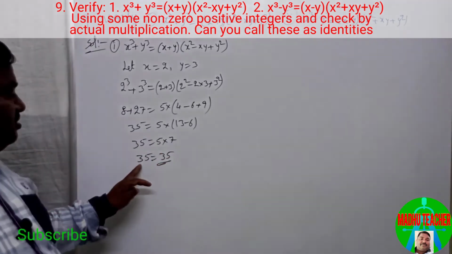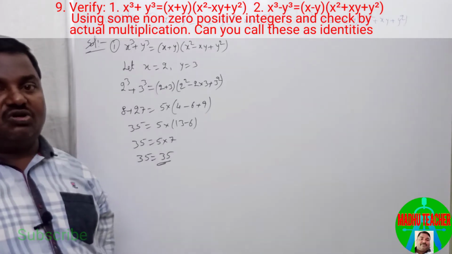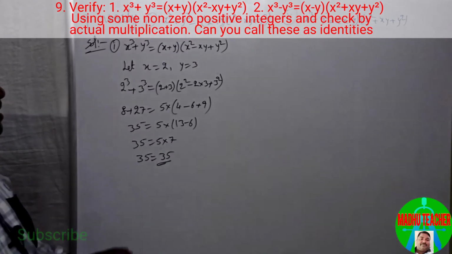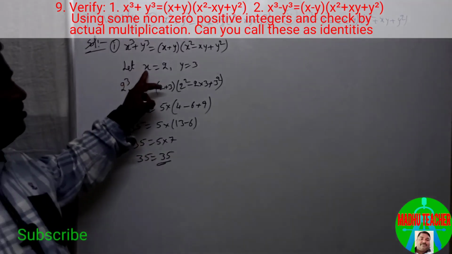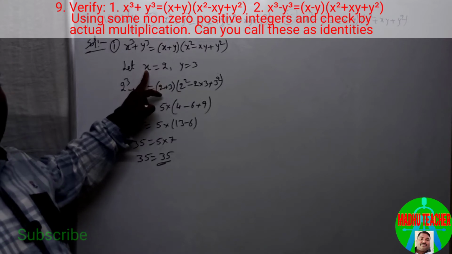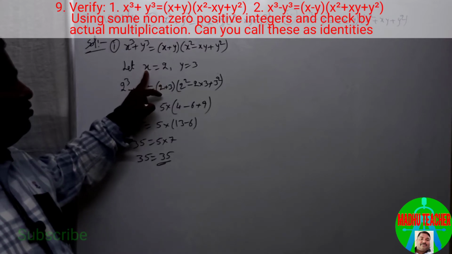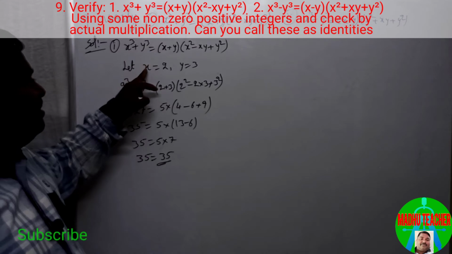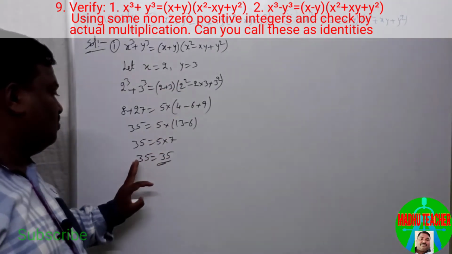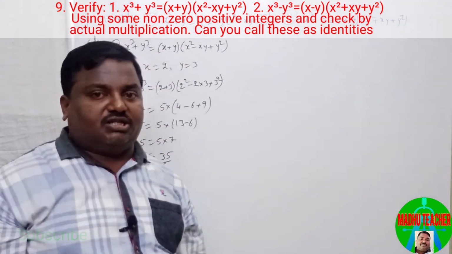So we got LHS equal to RHS. So by taking any values of non-zero positive integers in place of x and y, you will get the LHS equal to RHS.